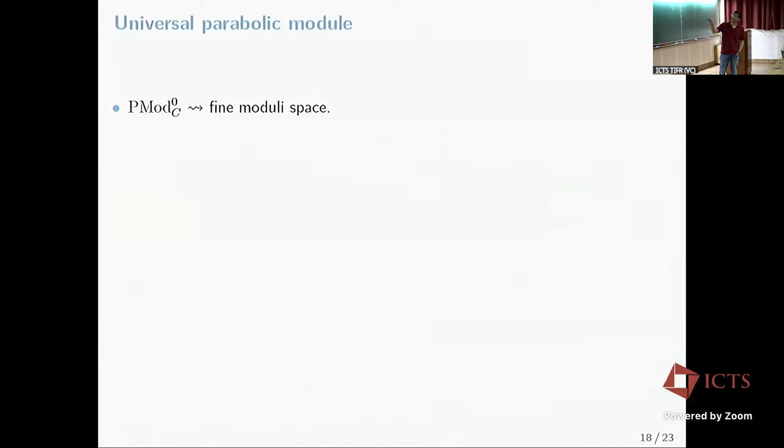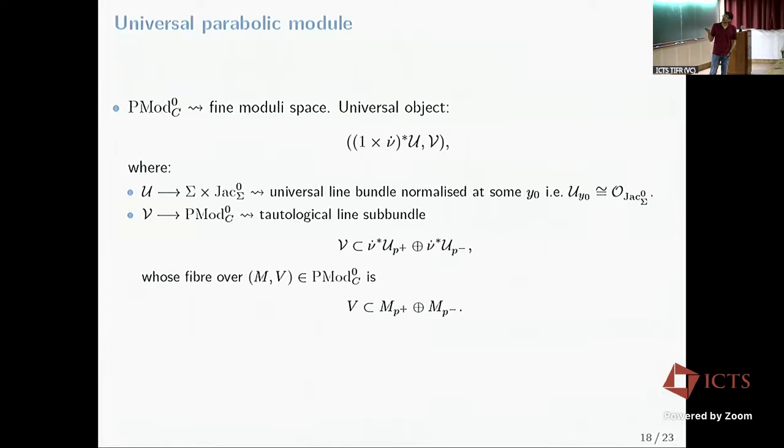Another thing is that this parabolic moduli space is a fine moduli space, also proved by Usha-Bosler. And what's this universal object is that here I have the pullback of the universal line bundle on sigma times Jacobian of sigma, normalized at some point.